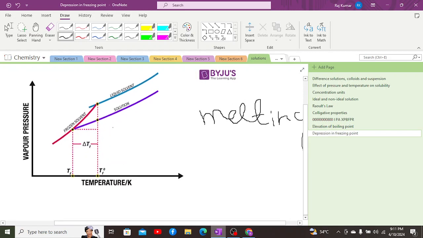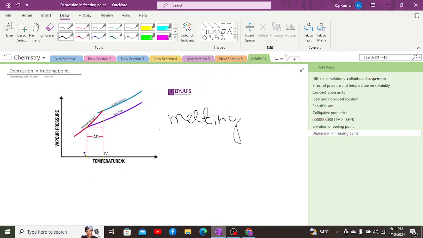And here, as you can see, lowering in vapor pressure causes the rate of condensation to decrease, as a result of which the rate of evaporation decreases, and the decrease in rate of condensation and evaporation causes a decrease in the rate of melting and freezing as well, as a result of which there is depression in the freezing point, right?